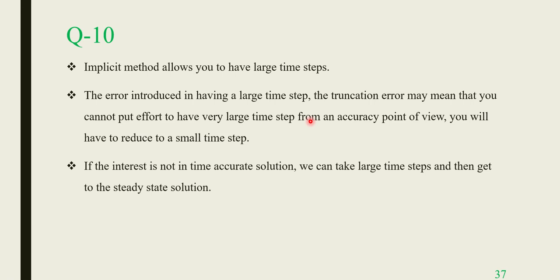When we go with a very large time step, we would have a larger truncation error, so we cannot have accurate solutions. So from an accuracy point of view, we should reduce the time step. But if the interest is not in a time accurate solution, we can take large time steps and get to the steady state solution. In cases where we are dealing with time accurate solutions, we need the time steps to be smaller or optimal.